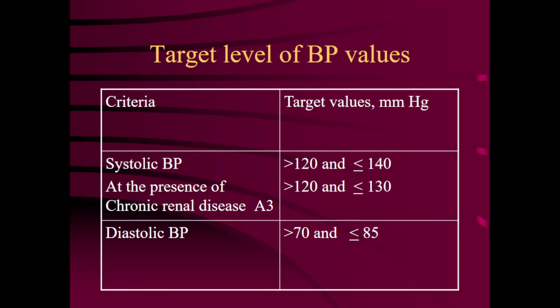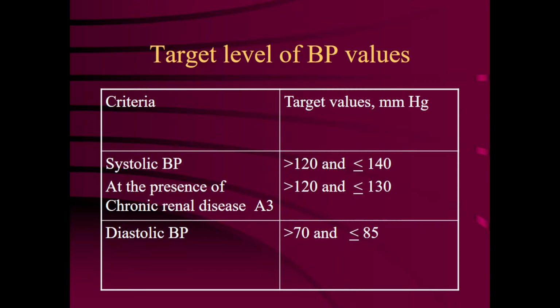Now, please write down. It's very important to remember. So, criteria for systolic should be less than 140 millimeter mercury, but more than 120.